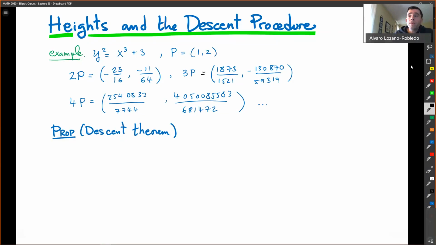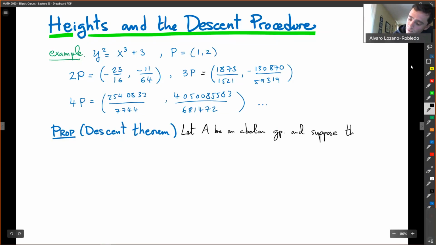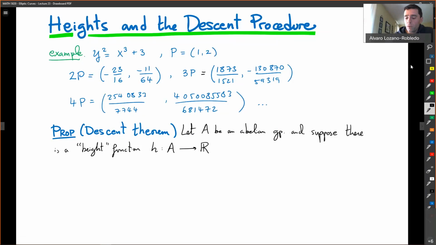But this is just a theorem about abelian groups. So let A be an abelian group, and suppose that there is a height function, which is a map from A to R, and a height function is defined by the following properties, such that it satisfies the following.